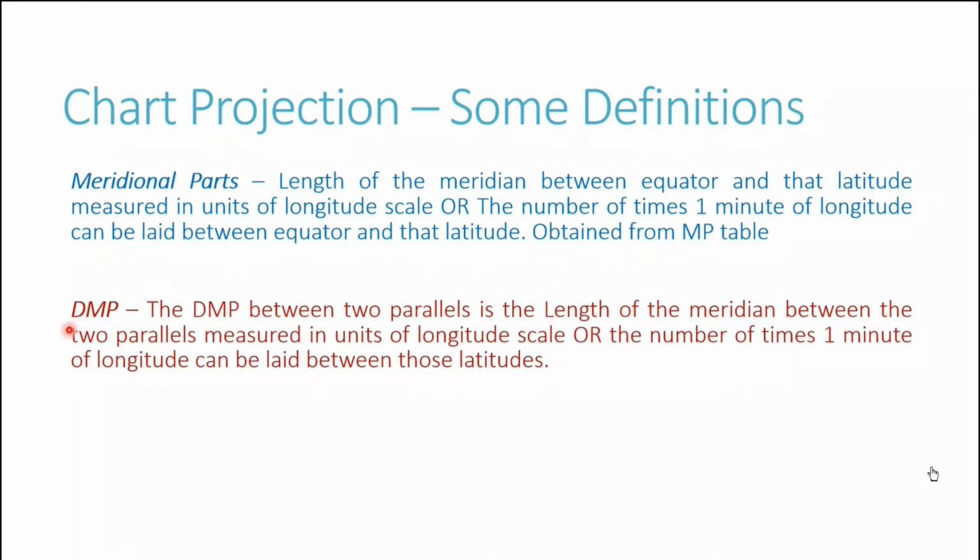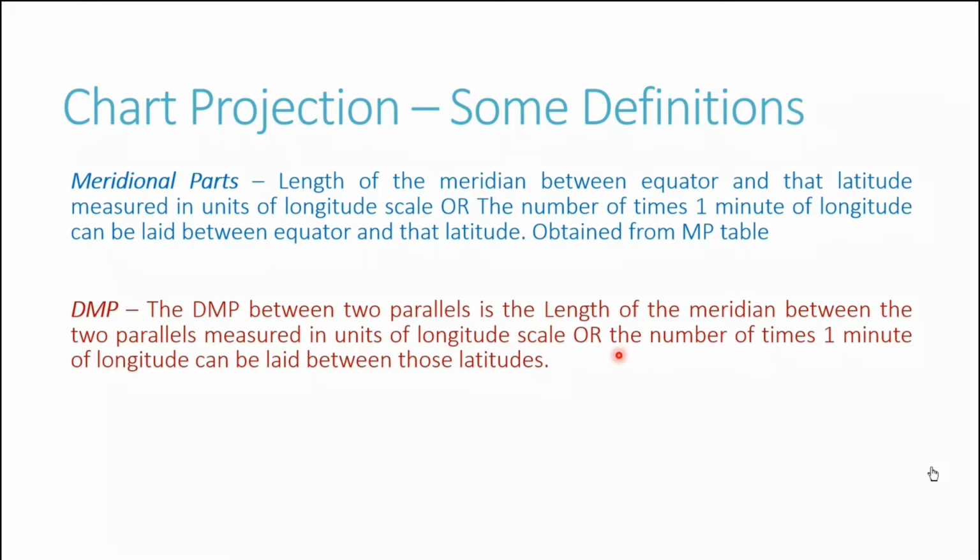Now moving on to the second definition, that is DMP. It is difference of meridional parts. The DMP, or difference of meridional parts between two parallels, is the length of the meridian between the two parallels measured in units of longitude scale.